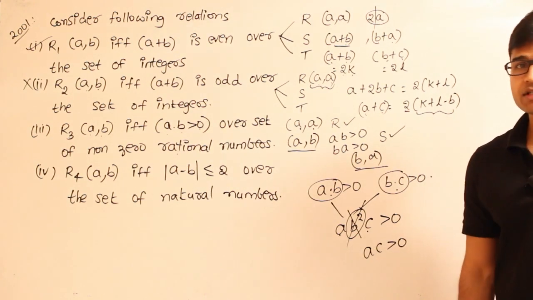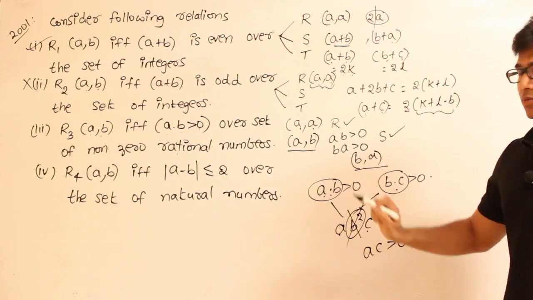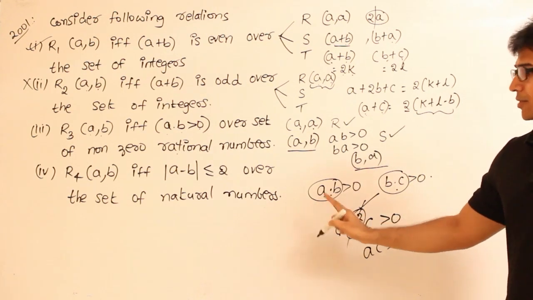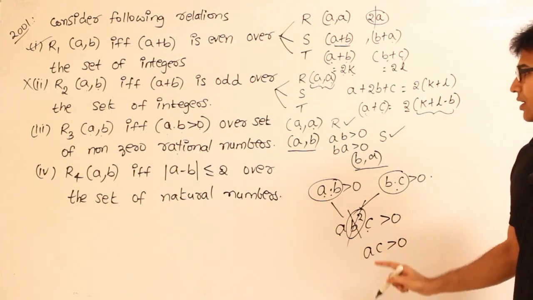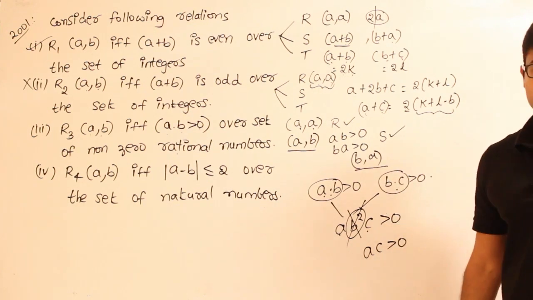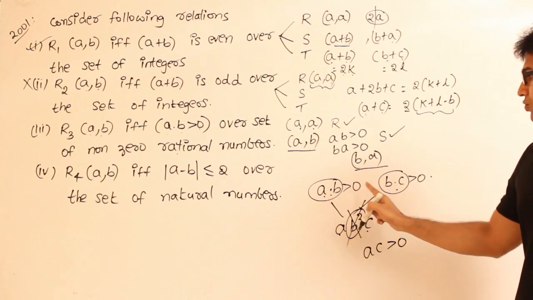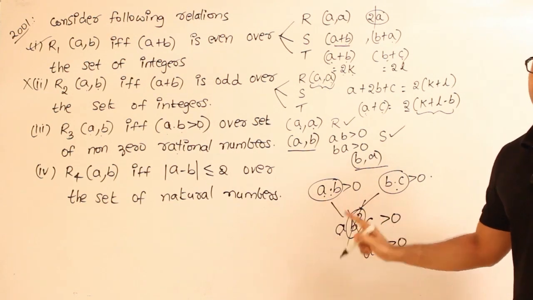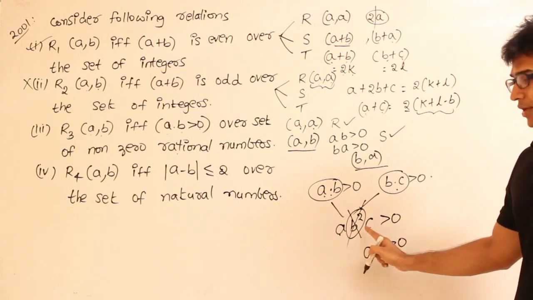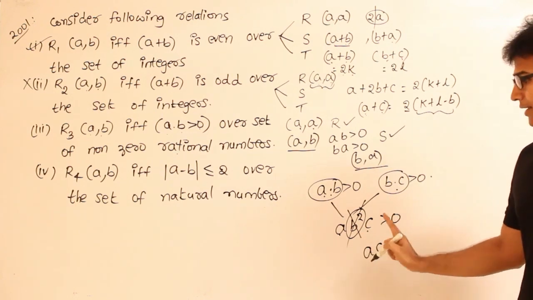Are you understanding this logic? See, this is a positive number because a comma b belongs to relation R3, and this is a positive number because b comma c belongs to relation R3, and now these two are positive numbers, a into b and b into c, and when I take the product, that should be positive. That is why I am writing like this.